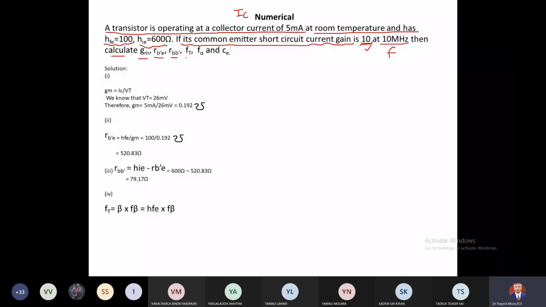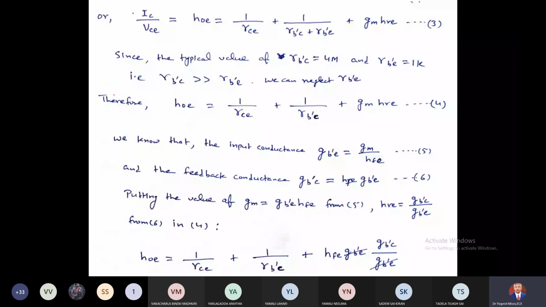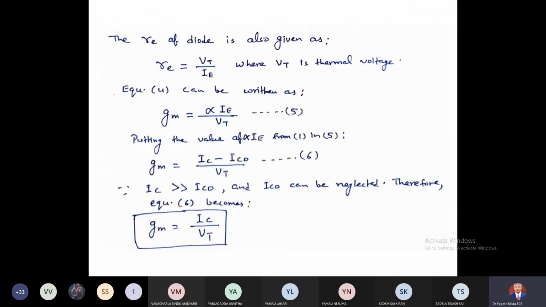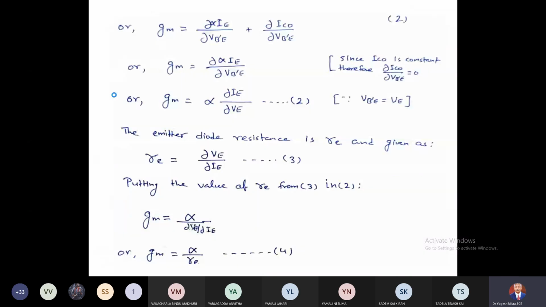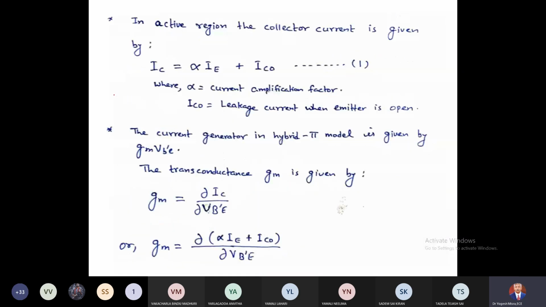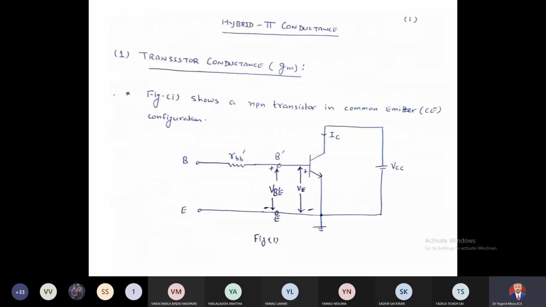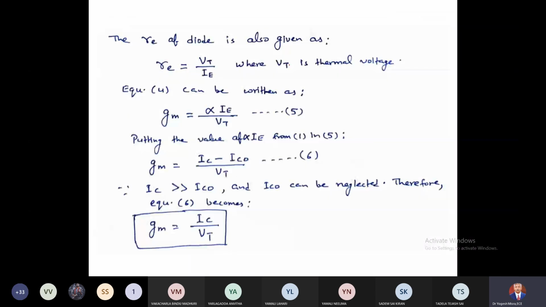So here GM is the transistor transconductance, which we discussed. Its value is IC by VT, where VT is thermal voltage, whose value is 25 millivolt.